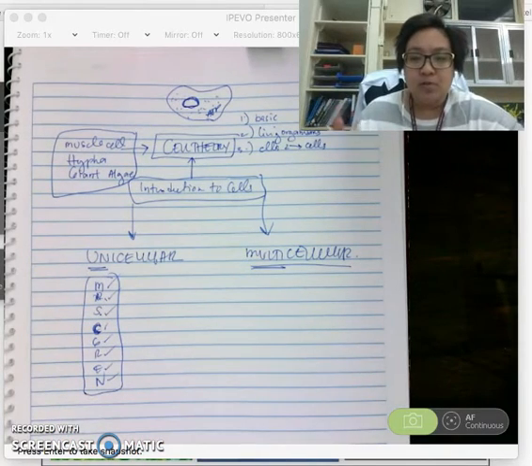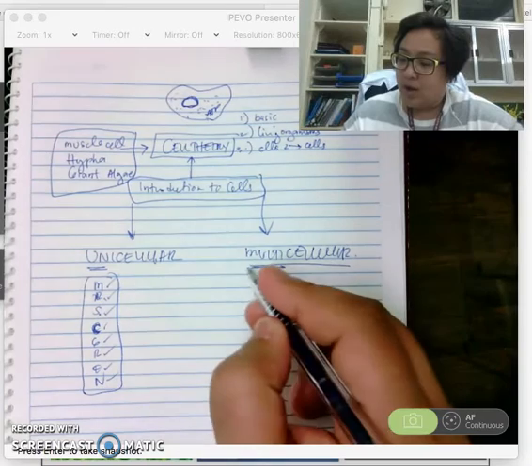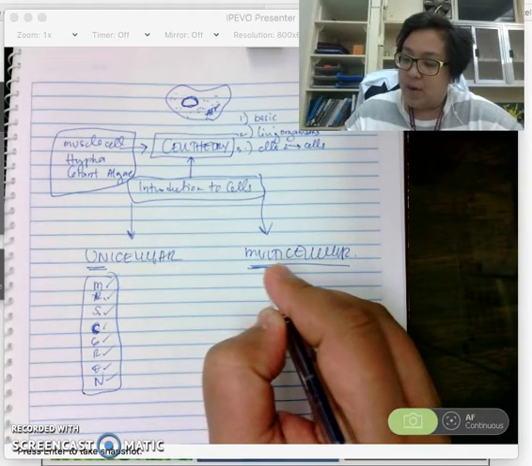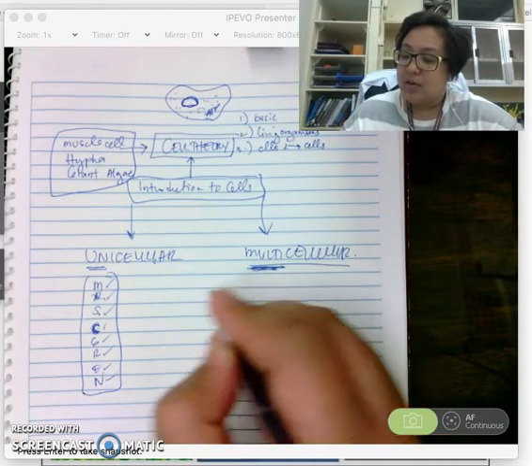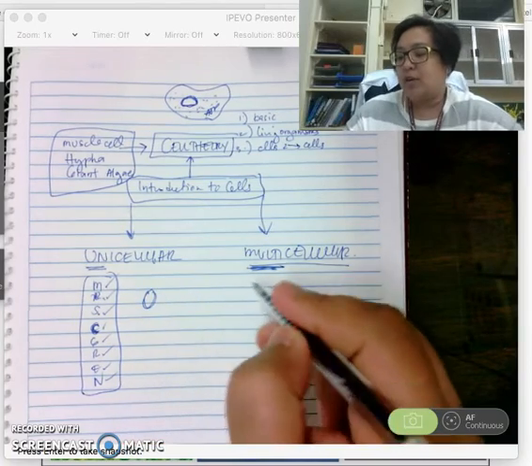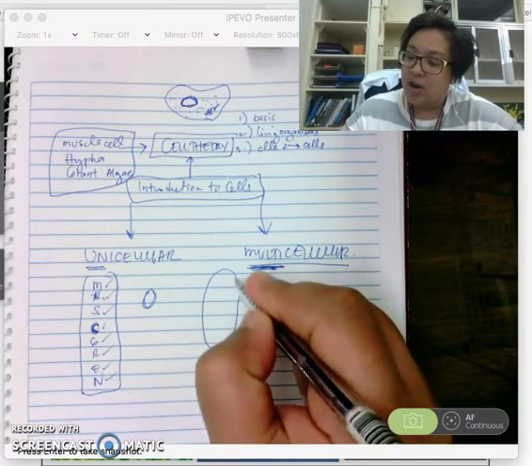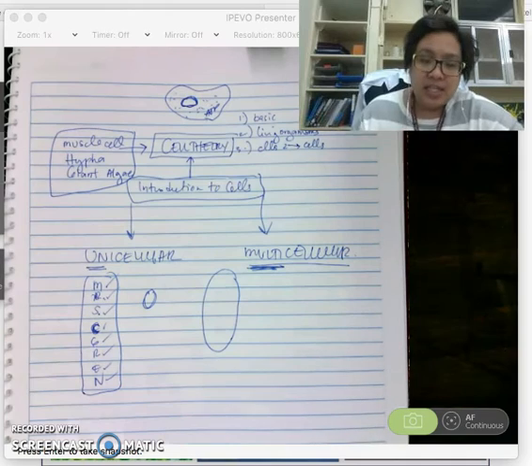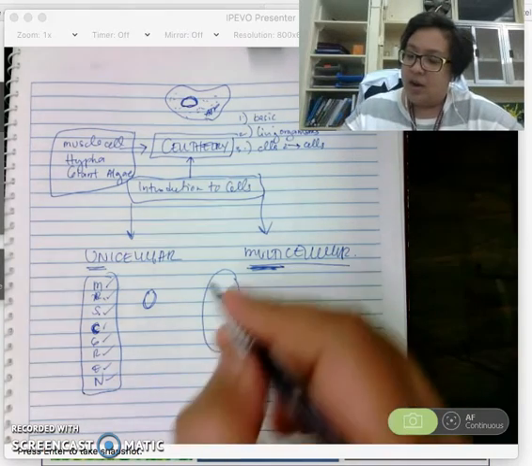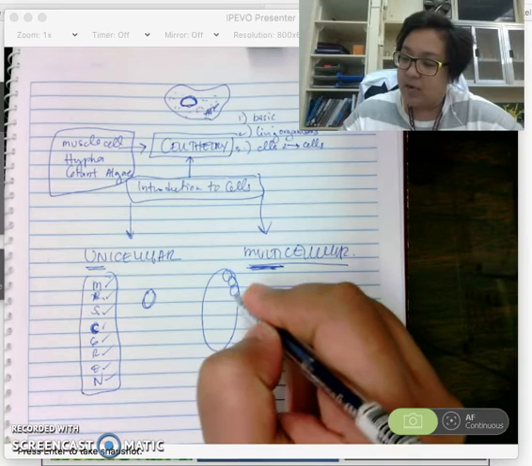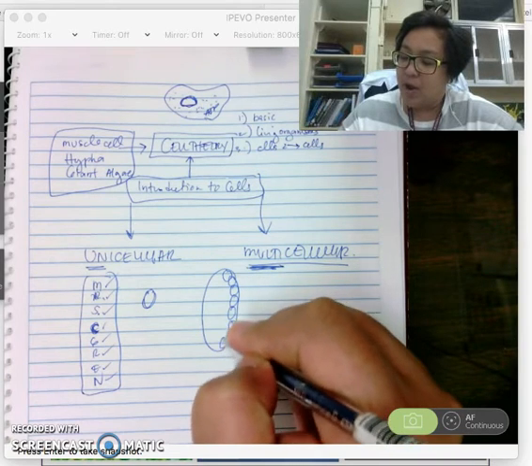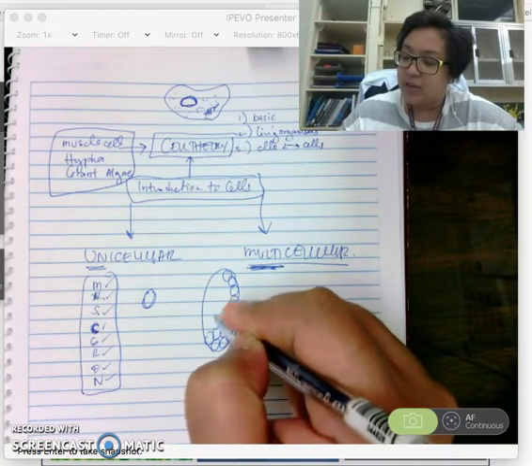Now, as the organism becomes bigger, it is made up of many cells. As an organism becomes bigger, the cell doesn't become bigger. What happens is the bigger organism is made up of still the same size of a cell.